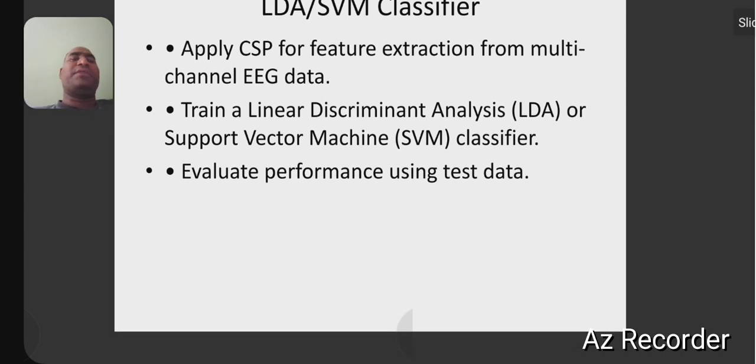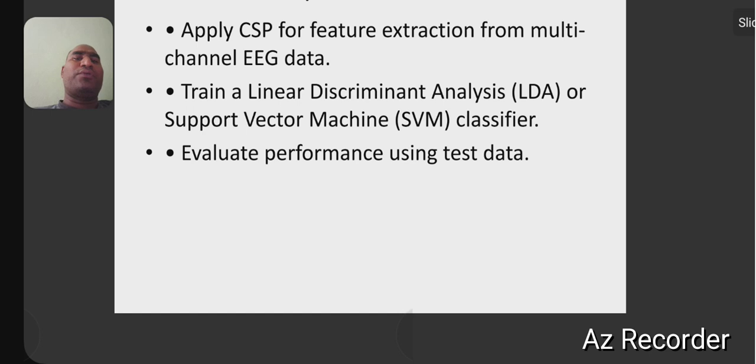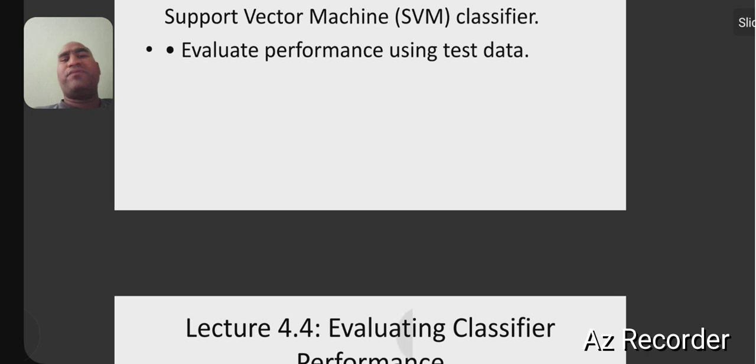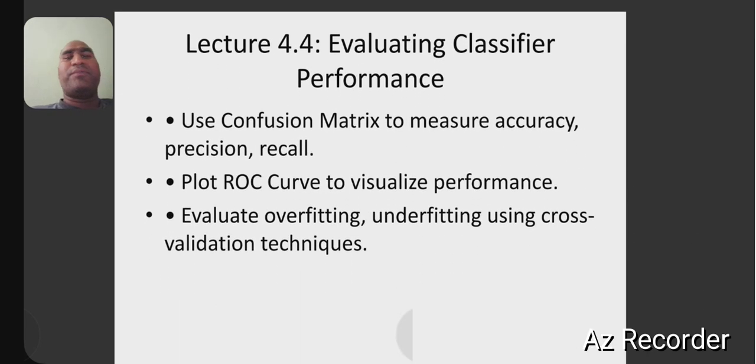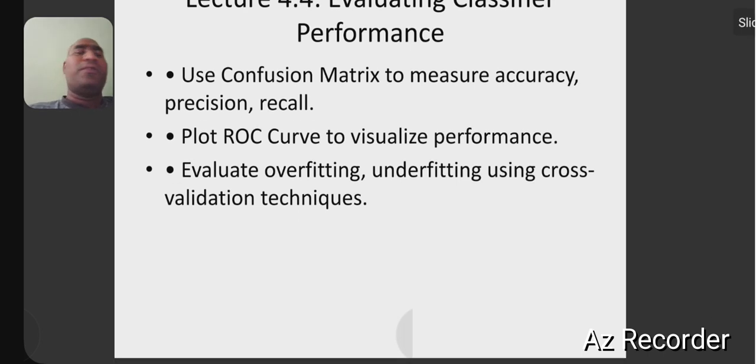Whatever feature extraction output you have, you give it to train the classifier, SVM or LDA, and evaluate the performance using the test data. Then to evaluate the classifier performance you use the confusion matrix, from which you measure the accuracy, precision and recall.